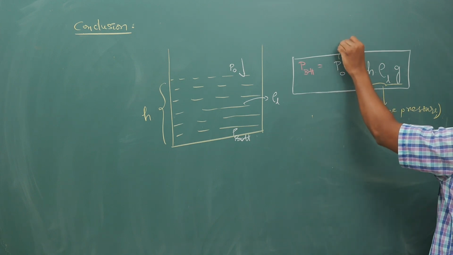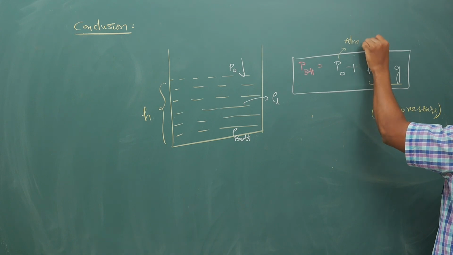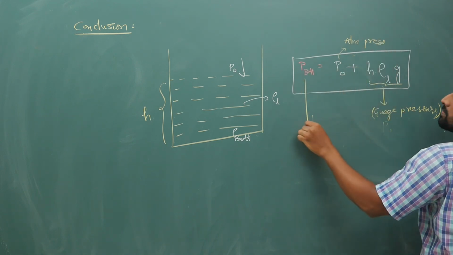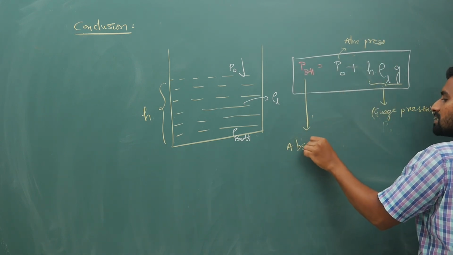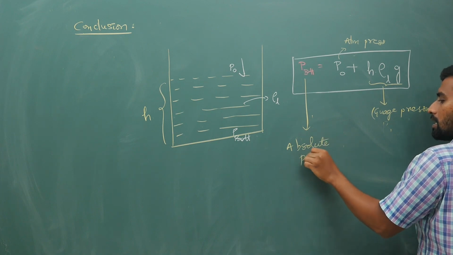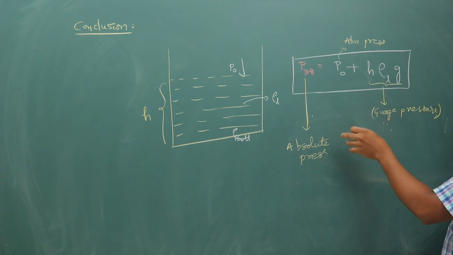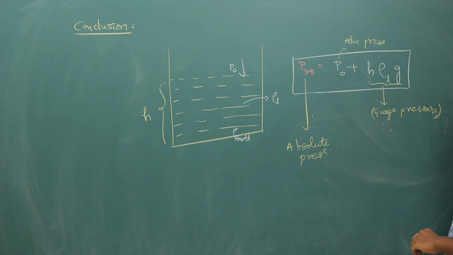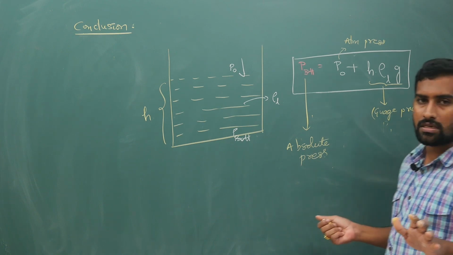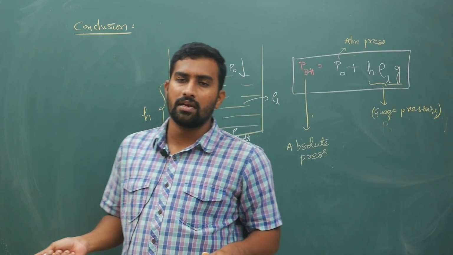This is your atmospheric pressure, and together these two terms are called absolute pressure. Your absolute pressure is atmospheric pressure plus gauge pressure. Hope there are no doubts. Your atmospheric pressure value is 76 centimeter of Hg, 1.01 into 10 power 5 pascals. If you learn this much, that is more than enough.